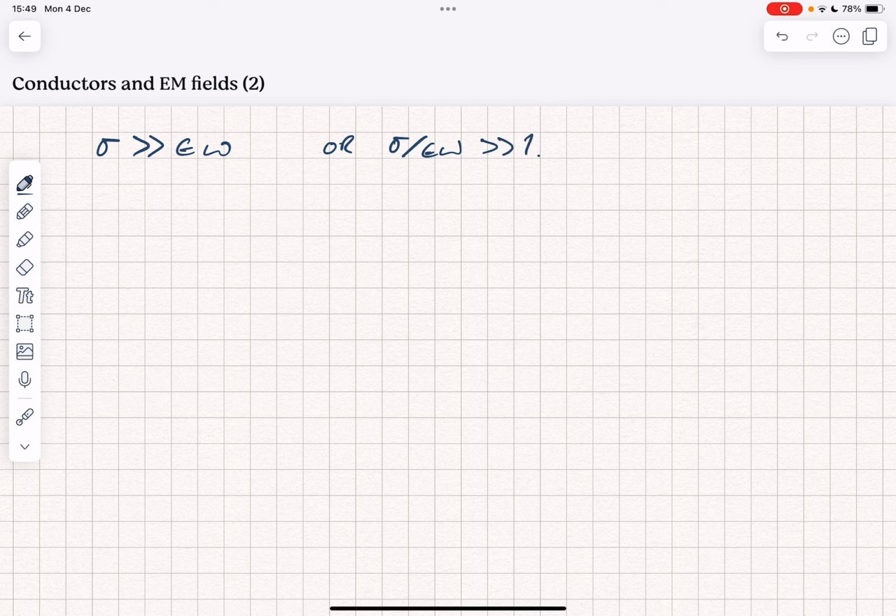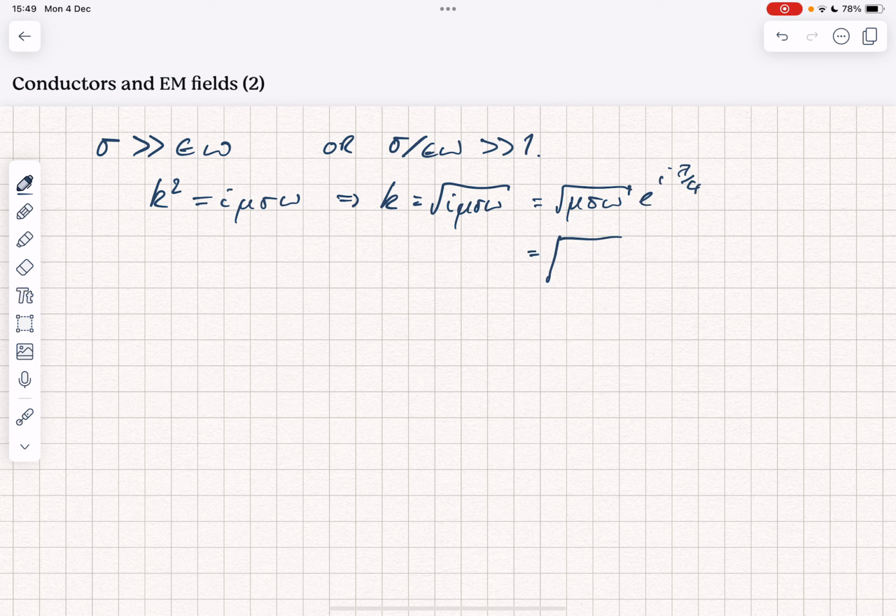Under those circumstances, the dispersion relation simplifies and becomes k squared is equal to i mu sigma omega, in which case, of course, k is equal to the square root of i mu sigma omega, and using the fact that i is written as e to the i pi over 2, that is just given by root mu sigma omega e to the i pi over 4, or if you prefer, root of mu sigma omega over 2 into 1 plus i.